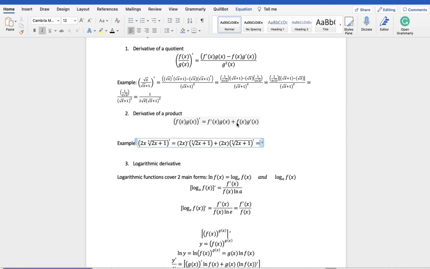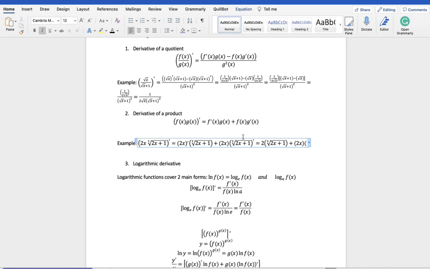Right? And that gives you what? Well, for the first term, we have the derivative of 2x, which is just 2. That is multiplied by the cubic roots of 2x plus 1, right? Plus, for the second term, we have 2x multiplied by the derivative of the cubic roots of 2x plus 1.